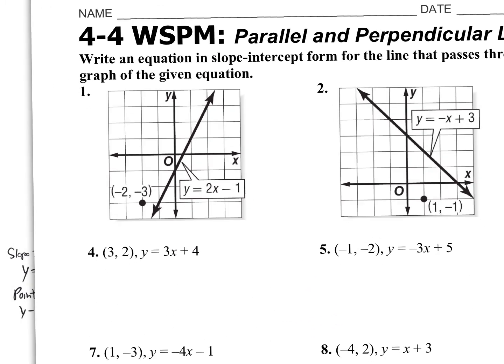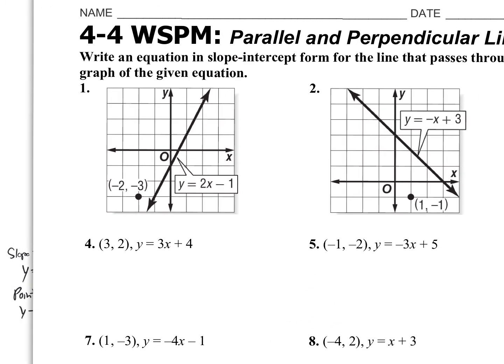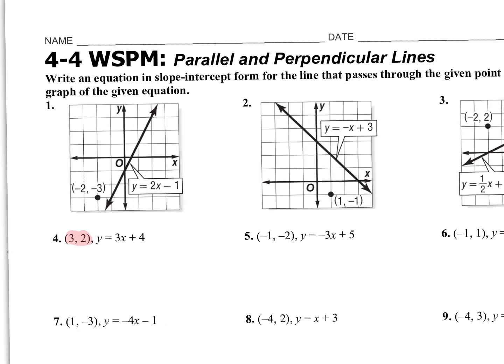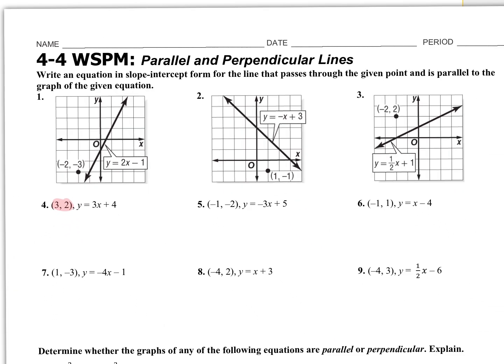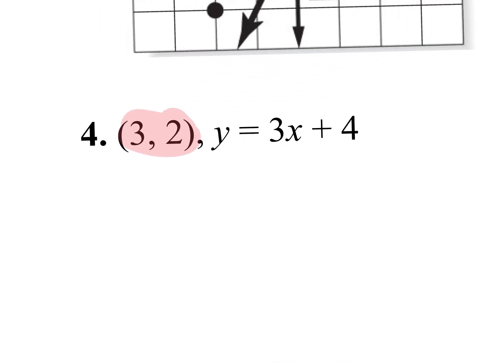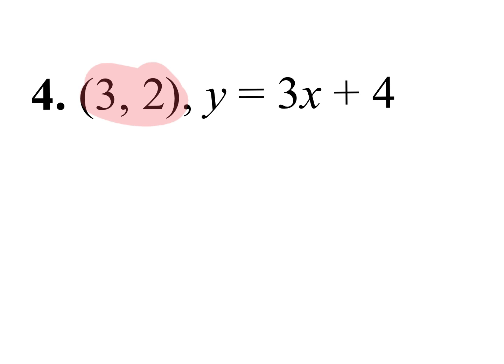So they are giving you a point, like right here, and they're also telling you that your line is going to be parallel to the graph of the given equation. So if your line is parallel to this line, they are indirectly telling you your slope, because parallel means same slope.